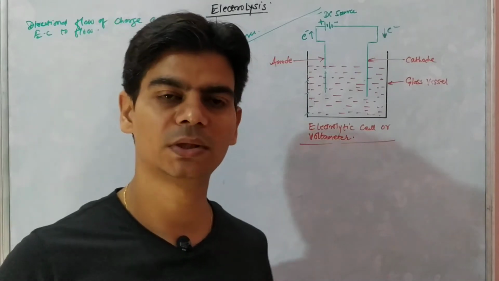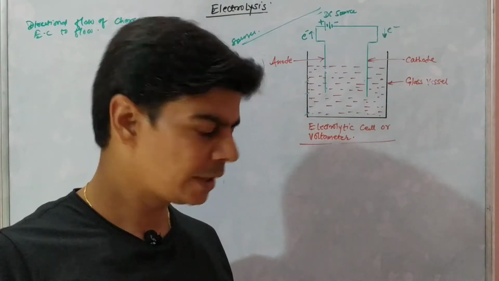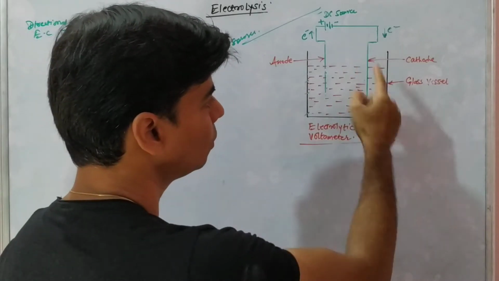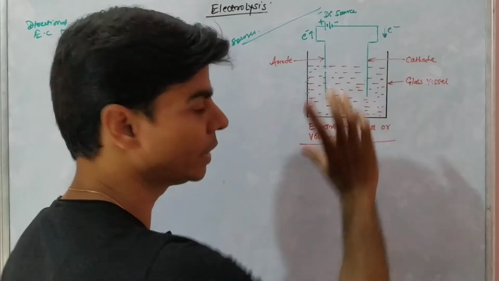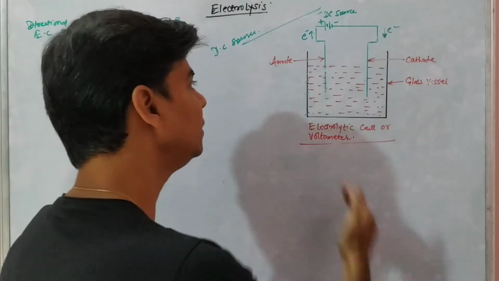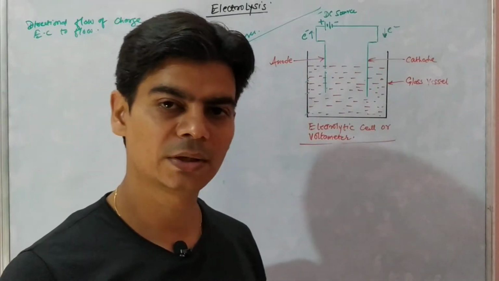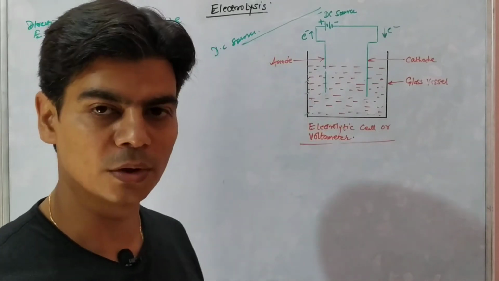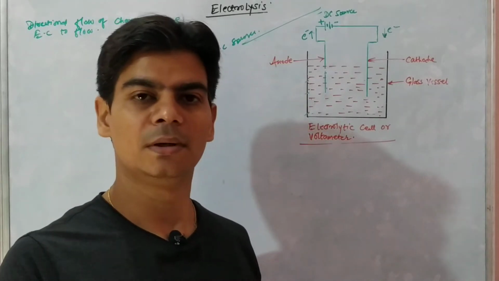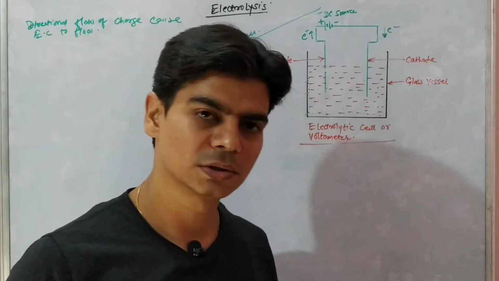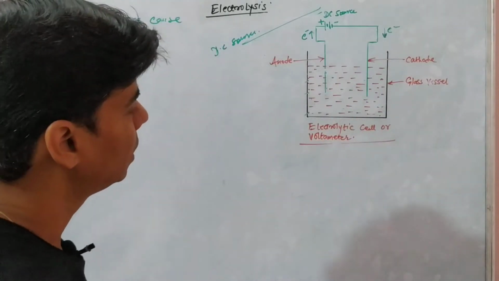The main function of these metal rods is that current enters this electrolyte through one of the metal rods, through the cathode, right, and will leave the electrolyte through the other metal rod. And we know the other metal rod is anode. So current enters and leaves the electrolyte through these metal rods, right?